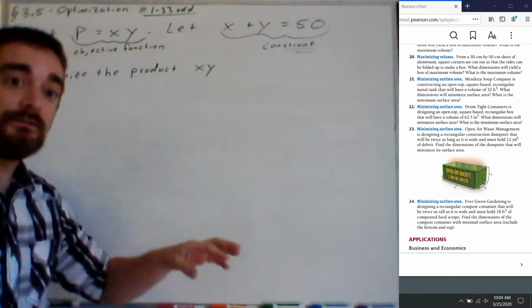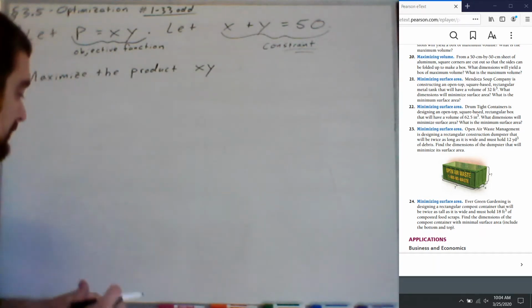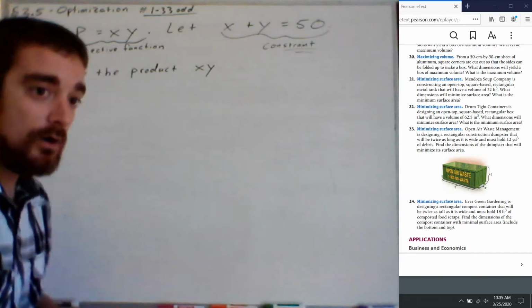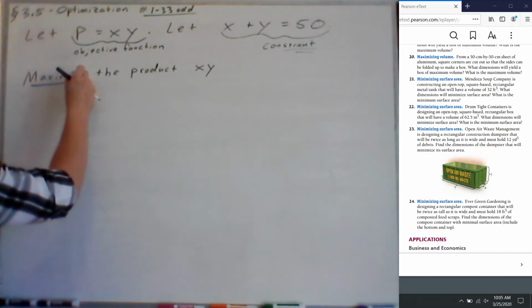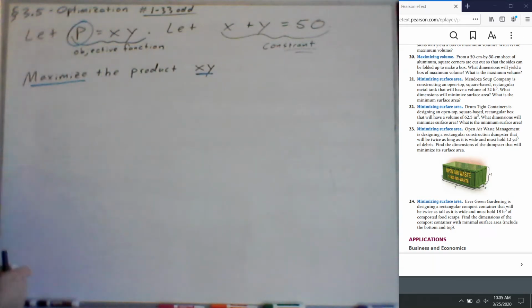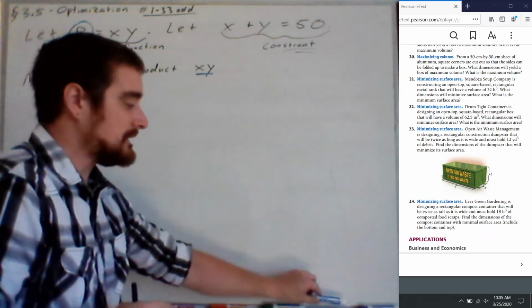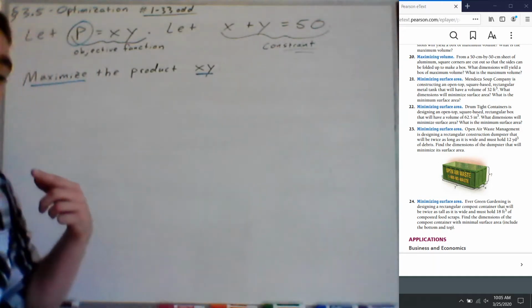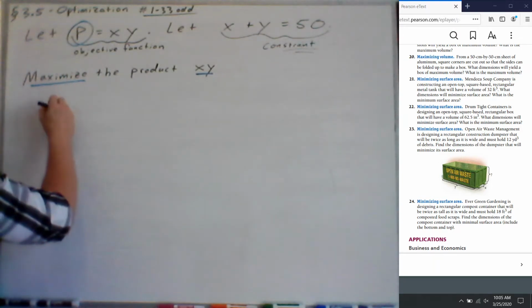The point is we need to find P prime, because our eyeballs go to the word maximize the product X and Y. That's this guy, P. So we need to find P prime, and we need to figure out where it's going to be maximized.